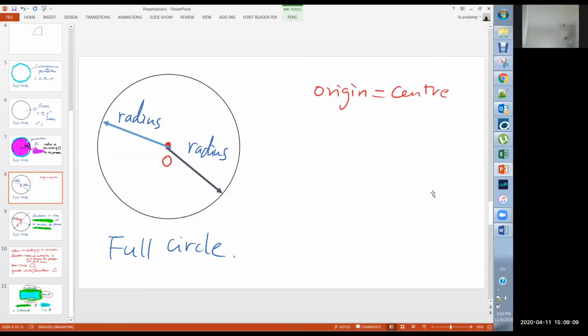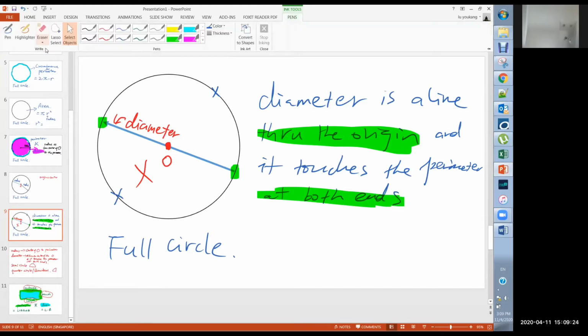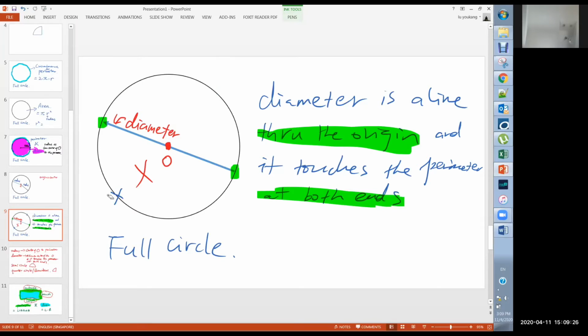Okay, so one more. So this is not our diameter, so we don't care about this. So if this is our diameter, the entire length is our diameter.